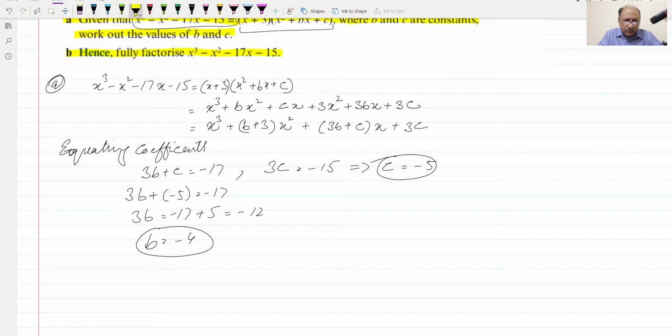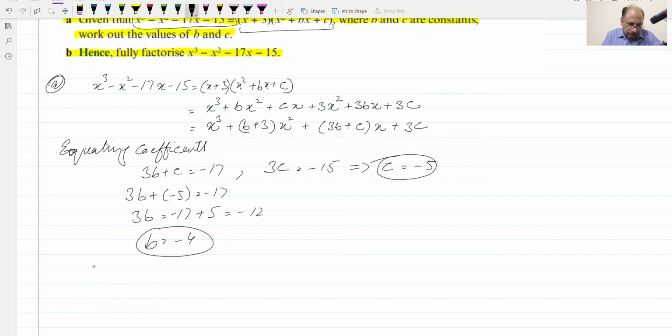So now what we can do, we can use these b and c values, and we can rewrite our equation.